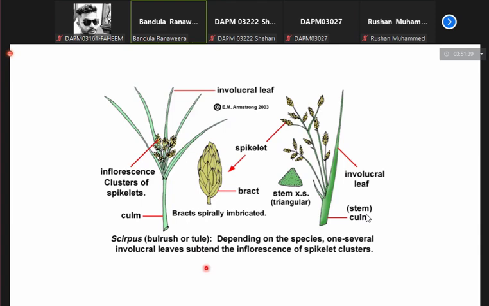For example, when grasses and sedges grow in paddy fields, it will be very difficult to use chemicals, herbicides or weedicides to control them, because sometimes the field is prepared to grow rice plants, and as rice is a grass from the family Poaceae, the conditions given for the crop are suitable for grass weeds as well.